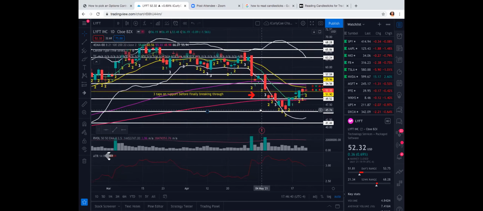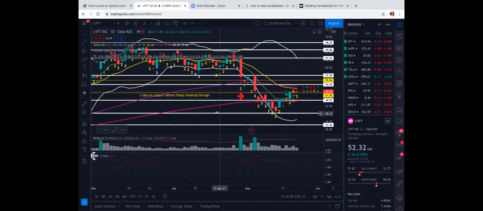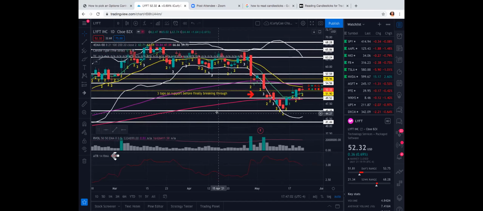For example, this is a hammer candle right here, but this is kind of a doji. If you can follow my mouse, it basically opened at about 52.46 and closed at about 52.31. It wasn't that big of a move. This is practically a doji candle. You can't really see who won the fight because it opened and closed near the same range.